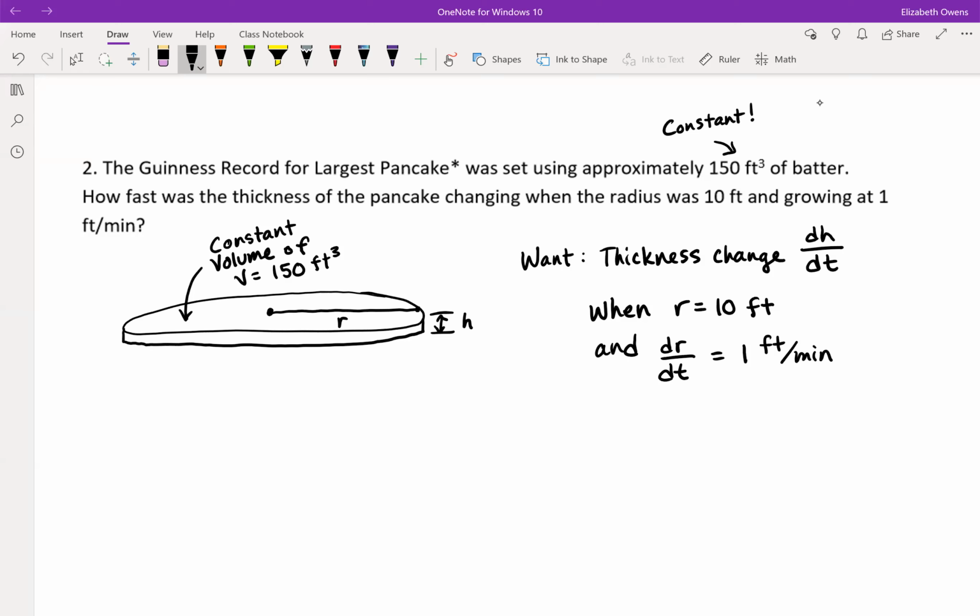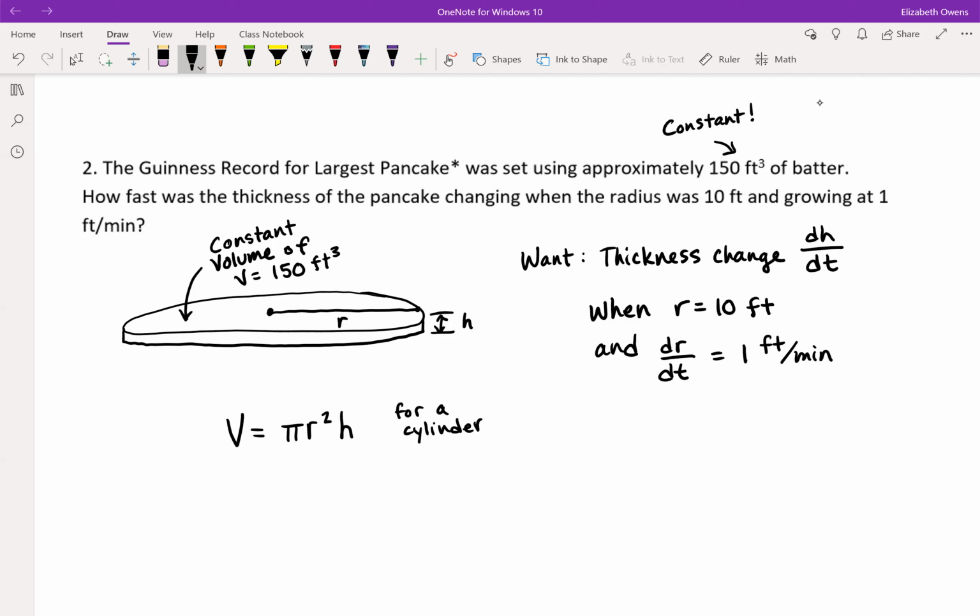We've got a cylindrical shape, volume of 150 cubic feet. We would look at the volume formula for a cylinder, which is pi r squared h. That's for a cylinder.